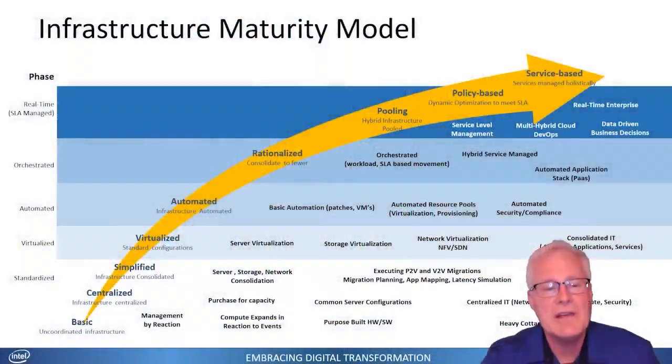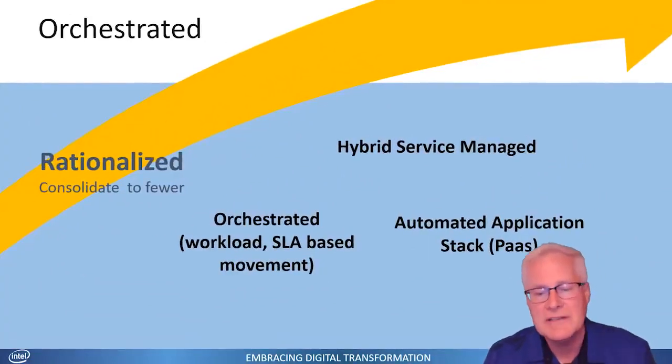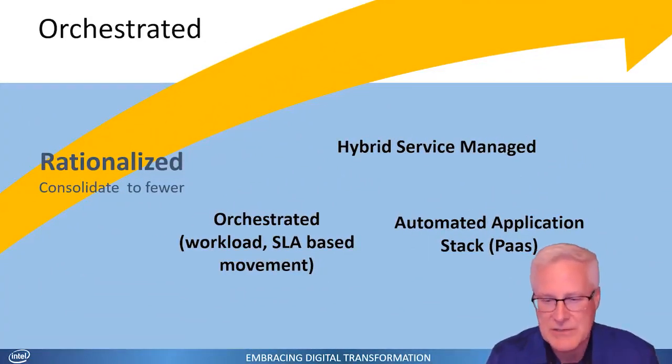As we keep moving up the stack, you can imagine as this automation becomes more and more complex, we need to start thinking about orchestration. And when we talk about orchestration, the major difference between orchestration and automation is that automation applies certain things onto a machine, right?